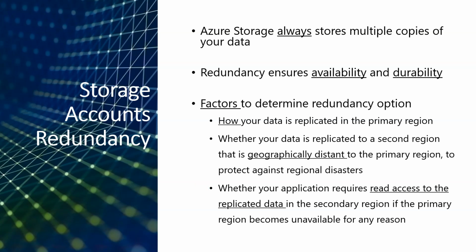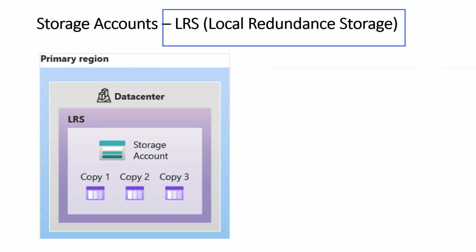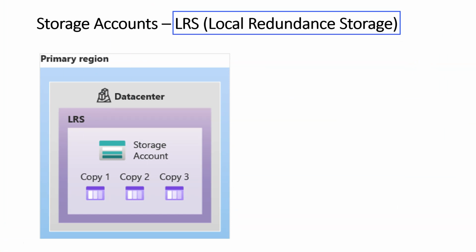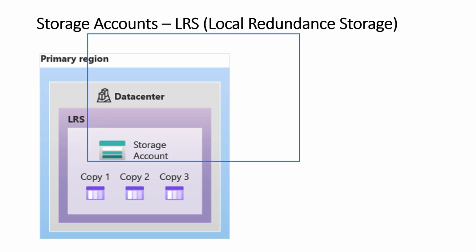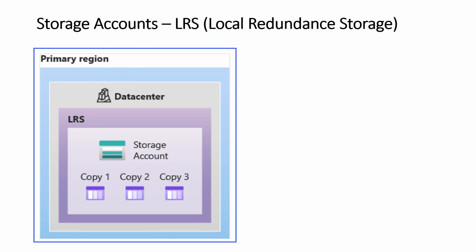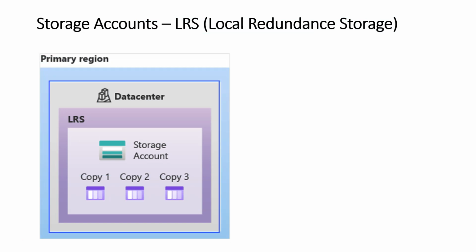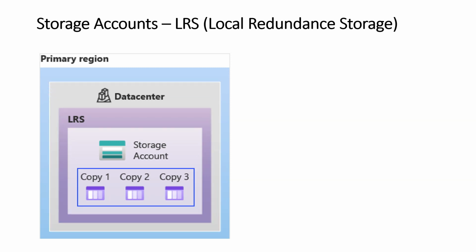Let's get into it. So the first redundancy option is called locally redundant storage. To understand this, look at this diagram. There is a primary region. We are talking about a single region here, and within a region, a single data center. In this single data center, the data is copied into 3 copies: copy 1, copy 2, copy 3.